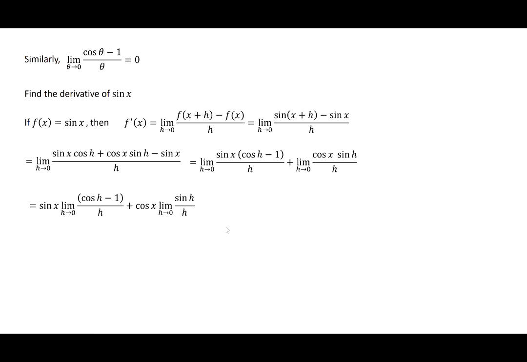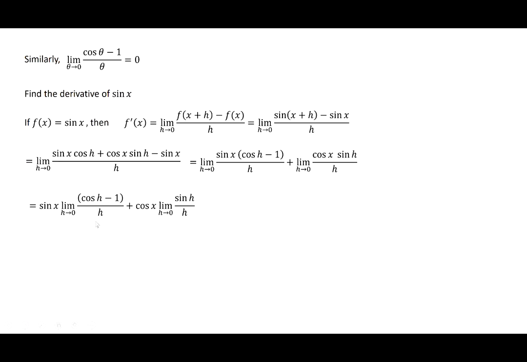Okay. Obviously, the whole thing is equal to just cosine x, right? Obviously. What'd you say, man? Well, what is the limit of cosine h minus 1 over h as h approaches 0? Isn't that just like this?